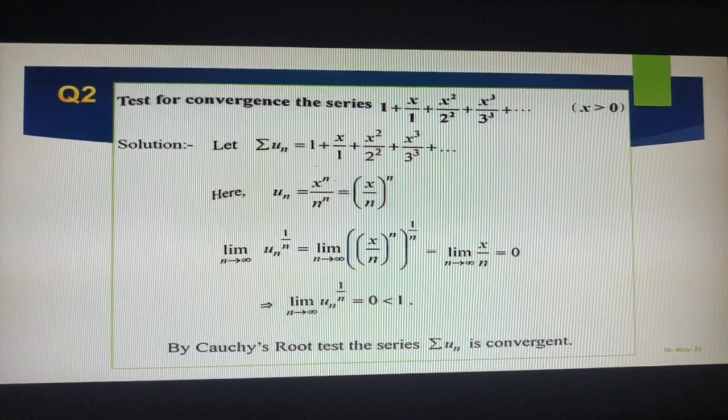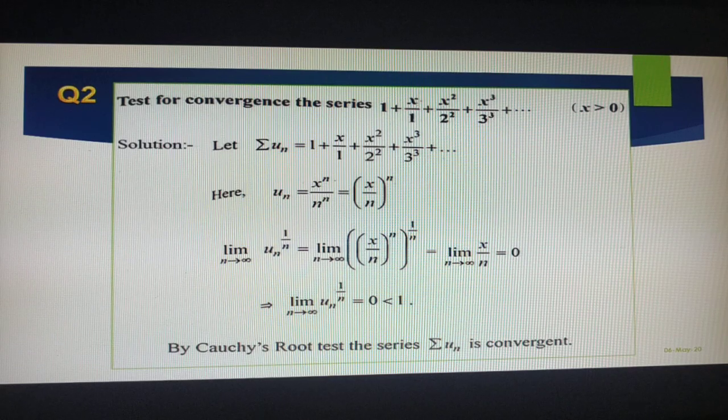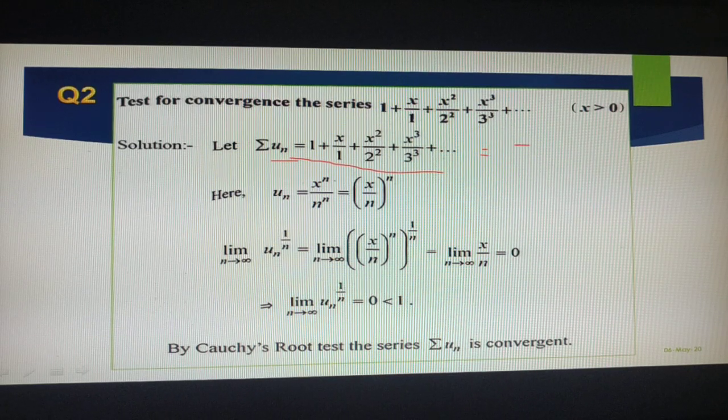So here we have a certain variable: 1 plus x by 1 plus x square by 2 square plus x cube by 3 cube up to infinity, and of course this whole series we can write as summation un. This we can also write as summation x power n by n to the power of n.